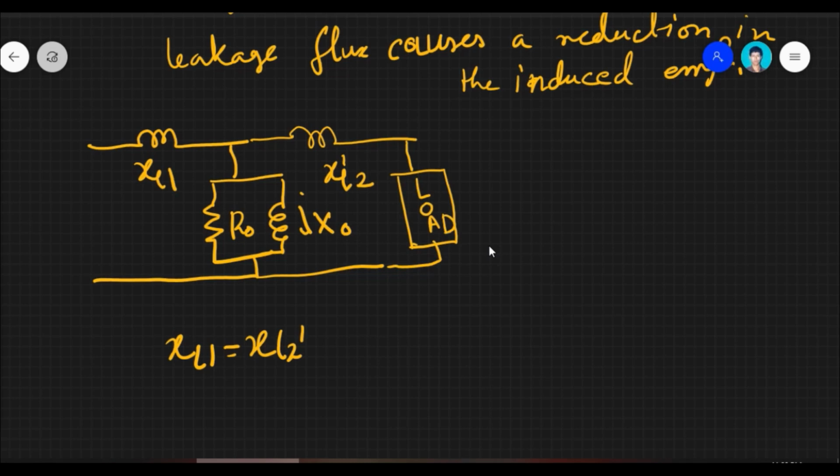And here we have our source, Vm sin omega t.